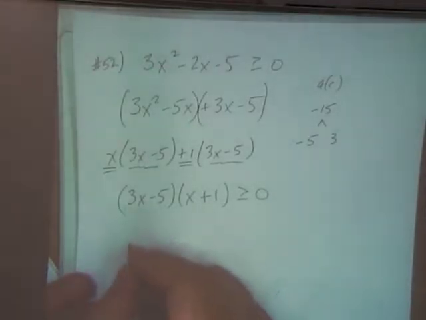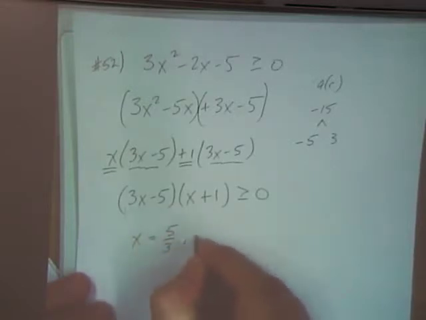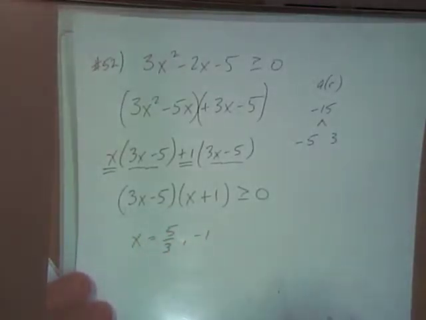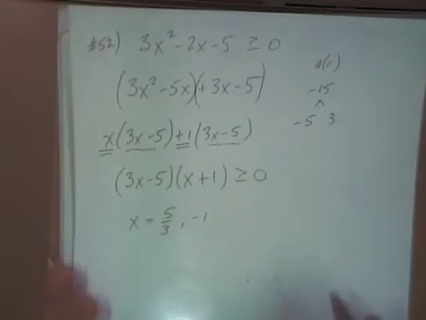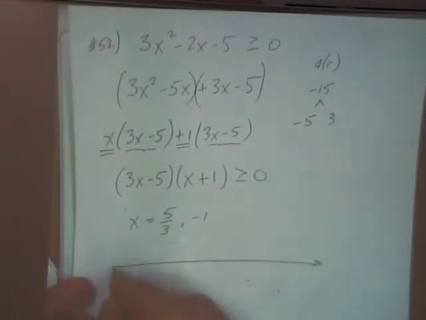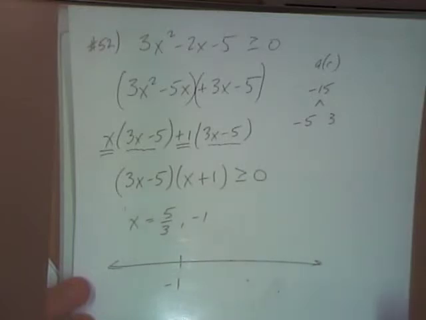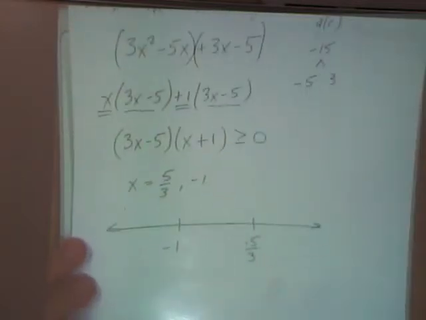Okay, good. So x would be equal to what, 5/3 and negative 1? We gotta make a number line, we gotta check our regions. Please put these in the right order. Just because you wrote down 5/3 first, don't mean it comes first. Yeah, 5/3 is greater than negative 1.